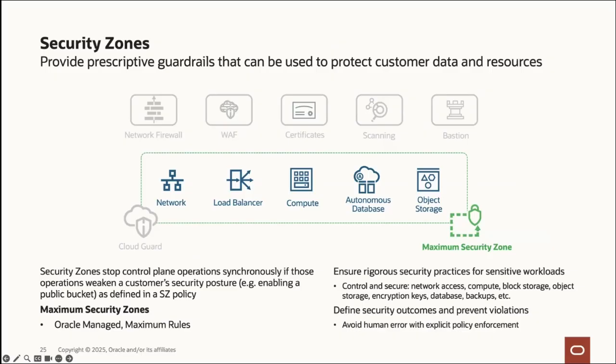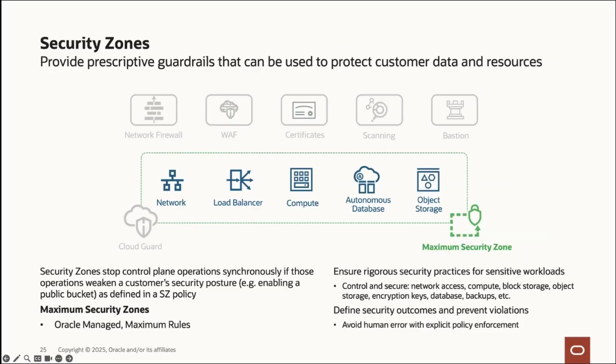OCI is going to validate these operations against a list of policies that you define within that recipe. So if any of these policies are violated, the operation would be explicitly denied. So in the case of public buckets, right, you could leverage a security zone to explicitly deny that action from taking place. So you can essentially block out the creation of public buckets, right?